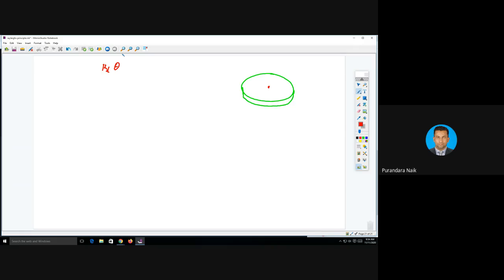That is a torque or torsional resistance, kt into theta. Next line: the torque resisting the applied torque is opposite in direction, that is J into alpha.